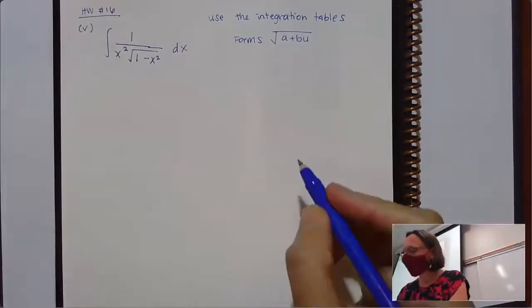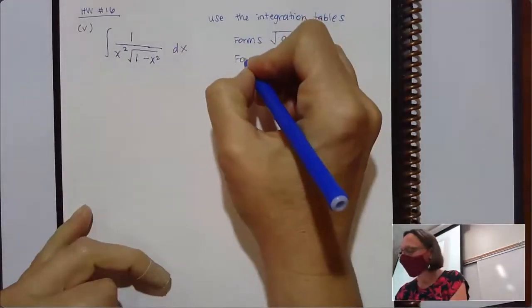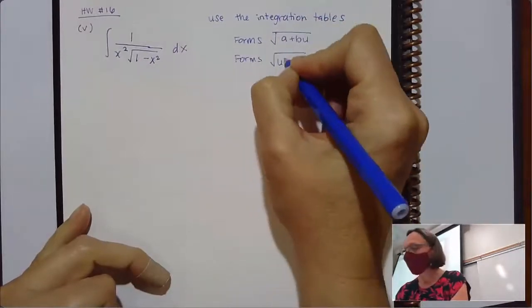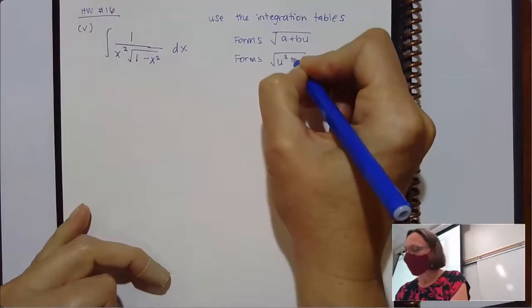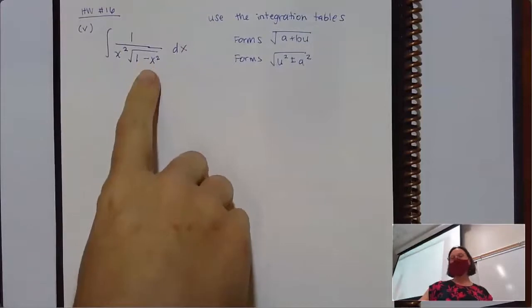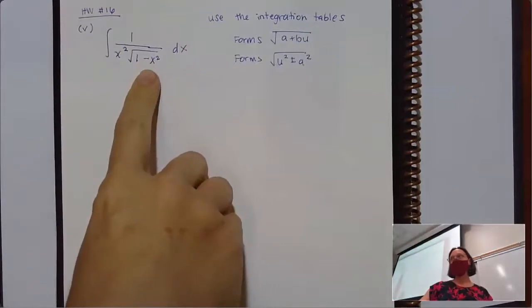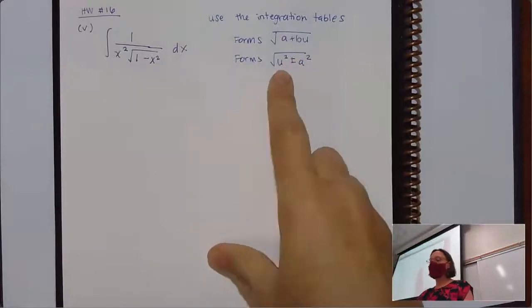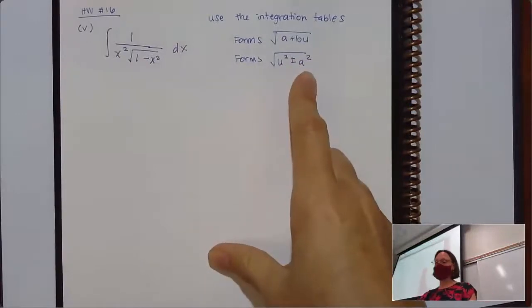So if we go a little bit further, there's a section on forms involving the square root of u squared plus or minus a squared, which is kind of almost what we have, right? Usually in this form, the u is our variable and the a would be some kind of constant.